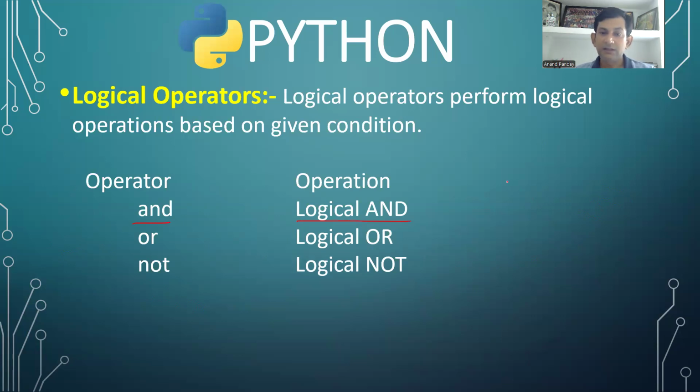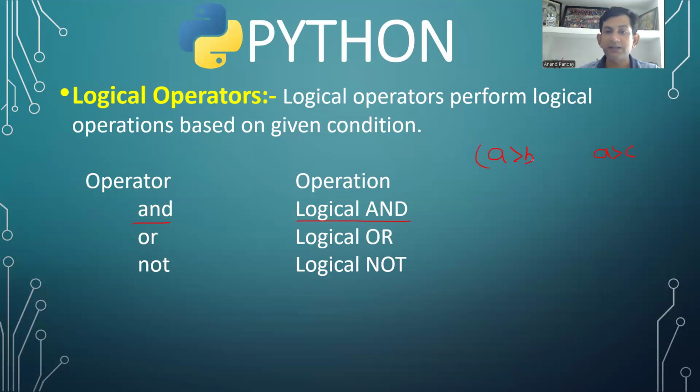Let me explain this. Consider one condition we have: a is greater than b. The result of this may be either true or false. Now consider another condition: a is greater than c. Two different conditions we have.